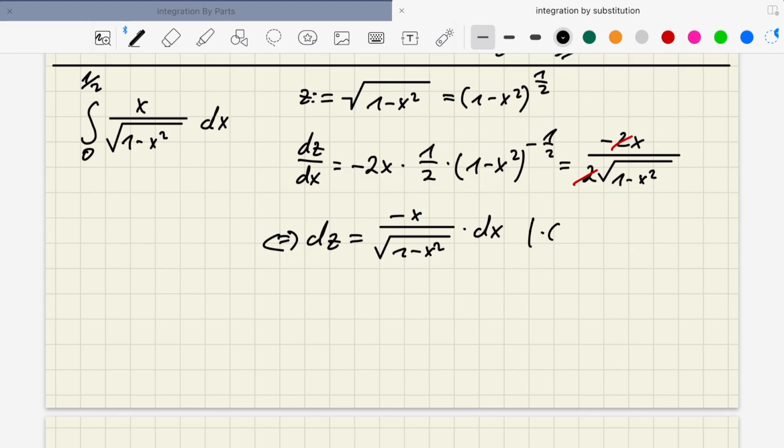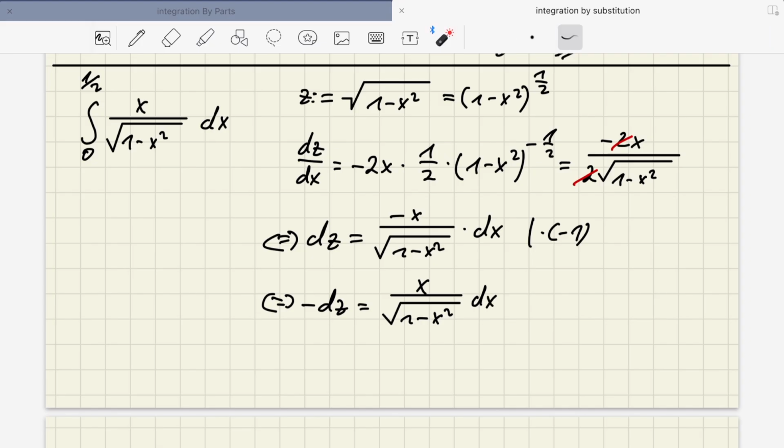Now you multiply by minus 1, you have minus dz is equal to x divided by the square root of 1 minus x squared dx. Now you see this term is exactly this term. It's the exact same.